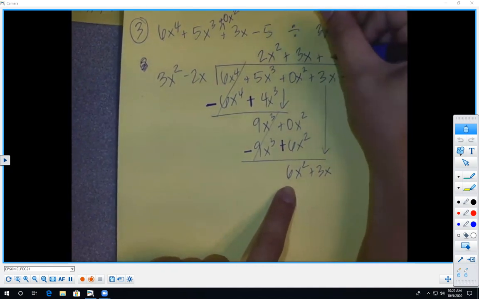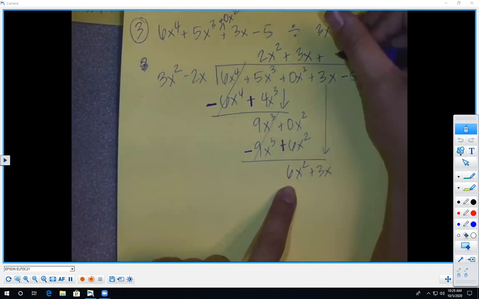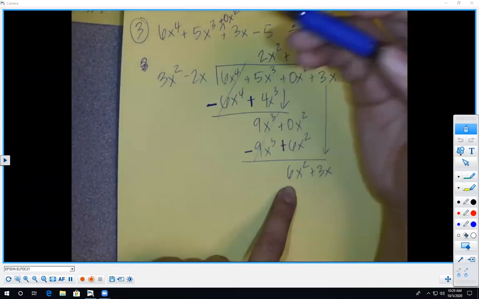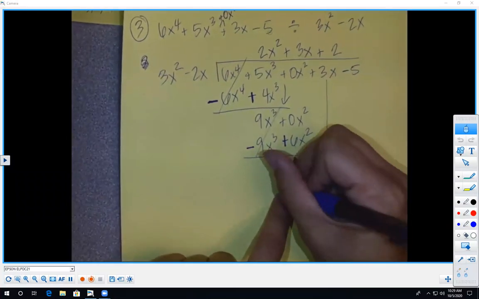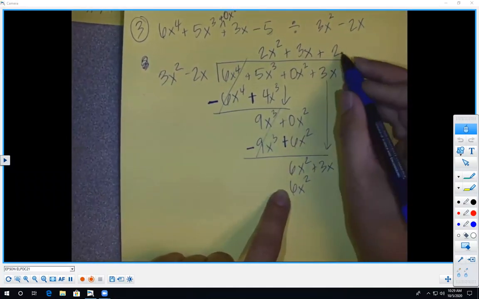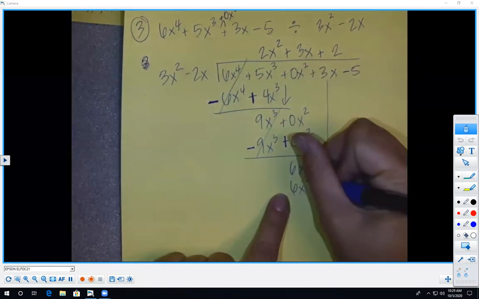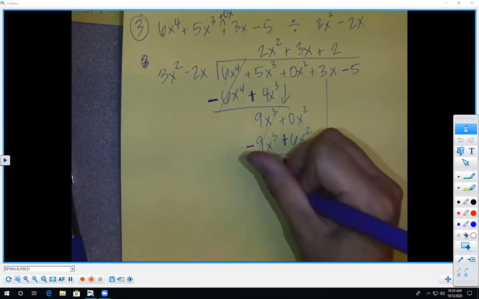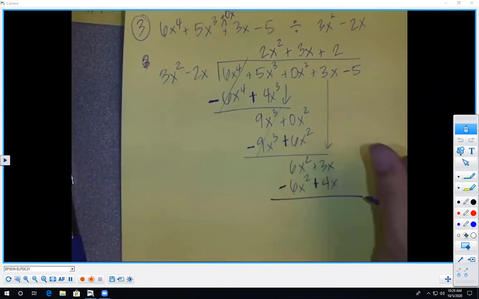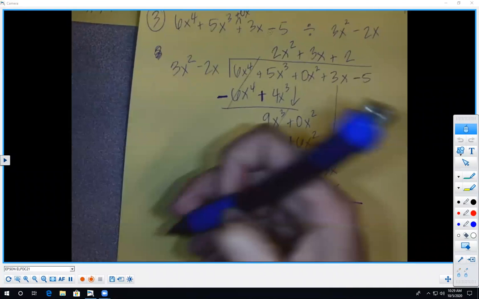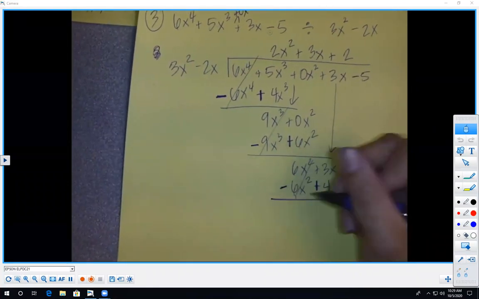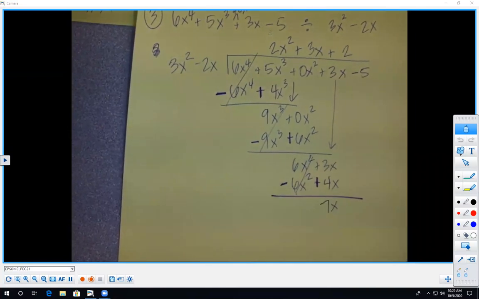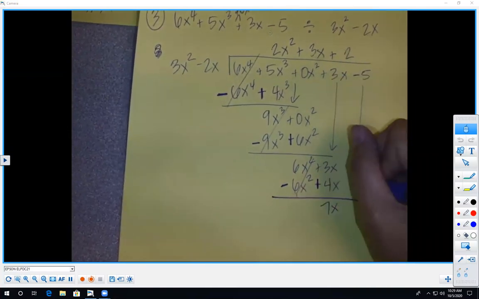You should have got 2. 2 times 3x squared is 6x squared. 2 times negative 2x is negative 4x. Change your signs. 6x squared minus 6x squared is 0. 3x plus 4x is 7x. Bring down the minus 5.